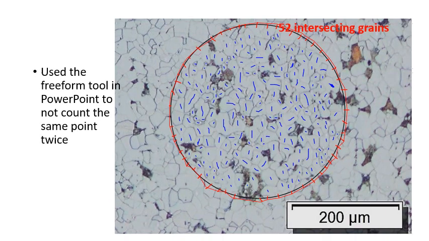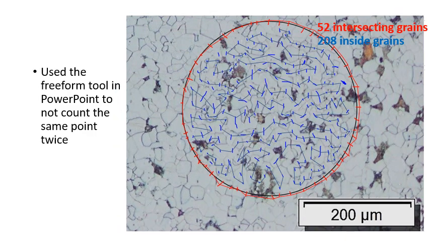Then I counted my red tick marks and I get that I have 52 intersecting grains. And I traced along the edge of the circle so that I made sure I didn't double count any marks. And then I counted to determine that I have 208 grains wholly contained inside my circle. And I traced along the tick marks so I didn't double count any.